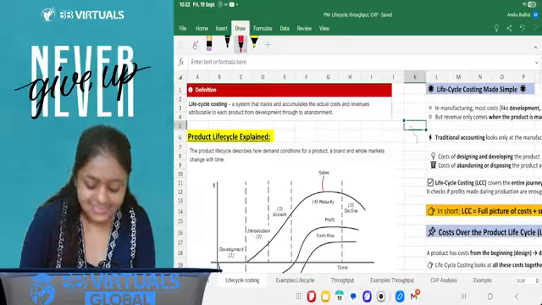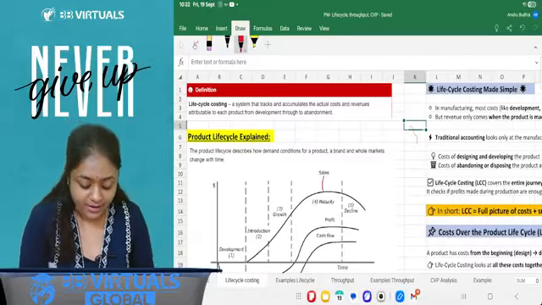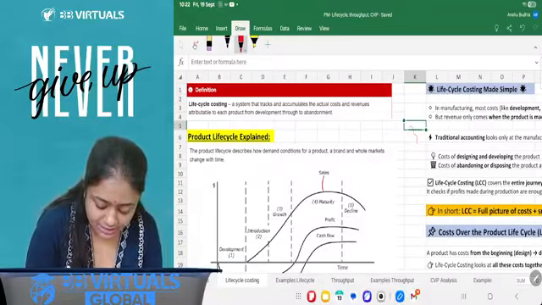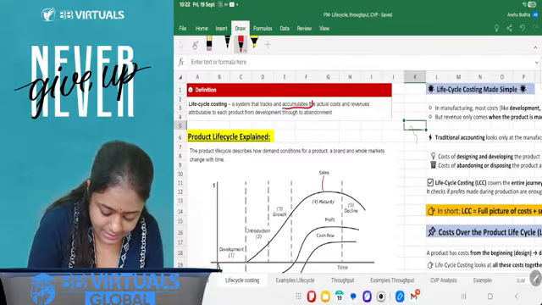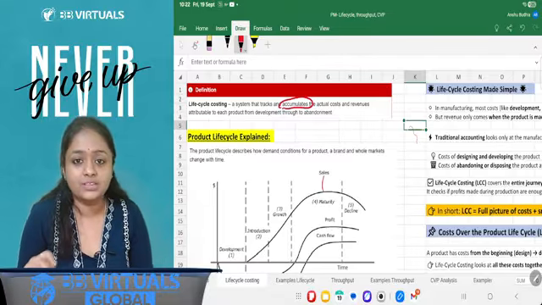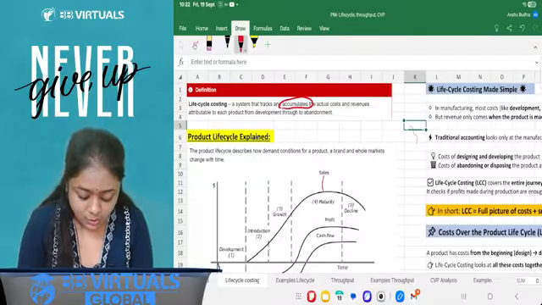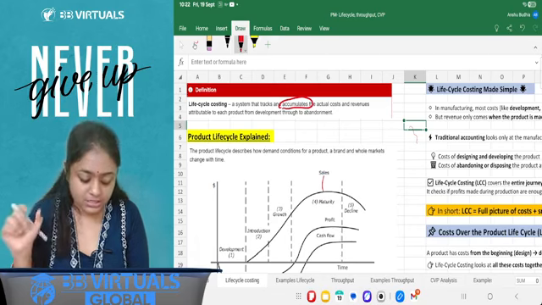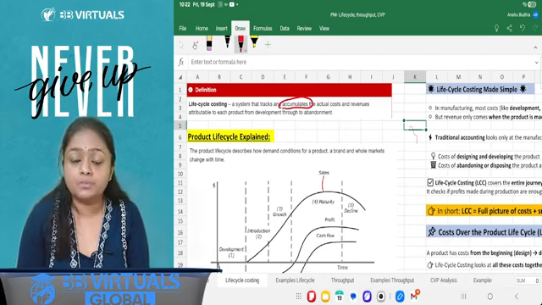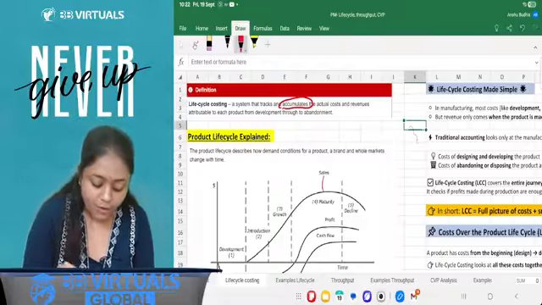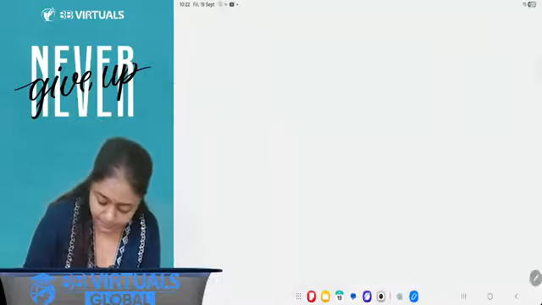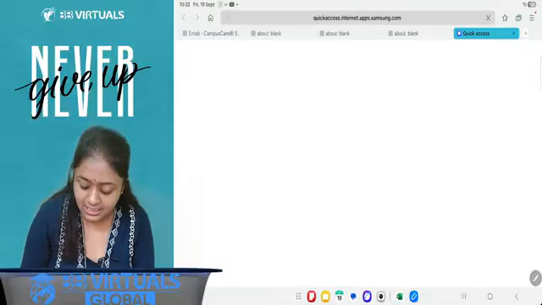Now people, what is life cycle? Now I think we are well aware of it. It is a system that tracks and accumulates, because we take the total amount, the actual cost and revenues attributable to each product from development, right? What I said, start till end.